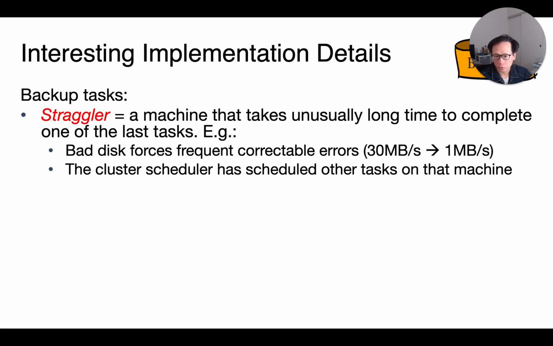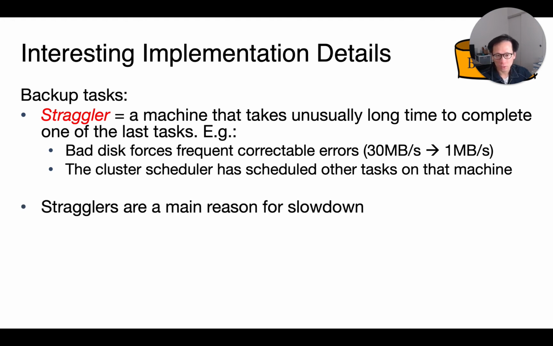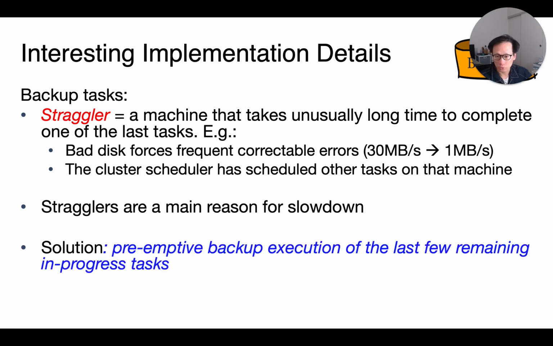Just like in real life, and perhaps in your projects, these stragglers often cause delay in finishing the entire job. So MapReduce's solution to this problem is to preemptively start execution of the same task using the idle workers and hope that one of them will finish it first.